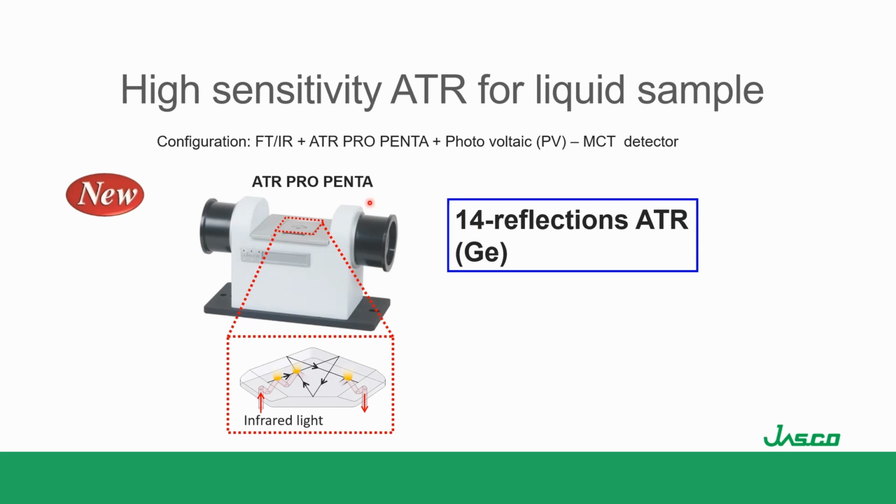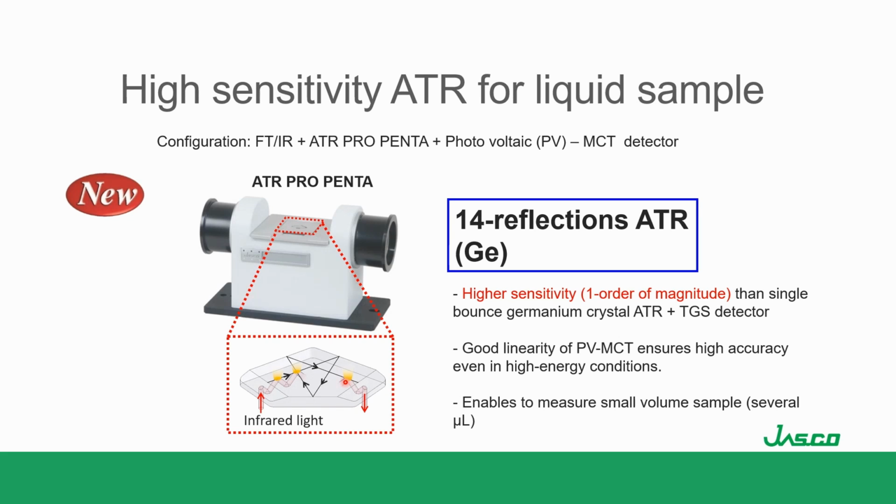The Pro Penta has a pentagon shape and 14 different bounces. So it's a multi-bounce ATR crystal that is going to increase the signal. And here you can see the points where the IR signal is in contact with the sample.